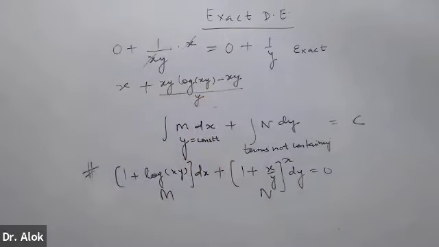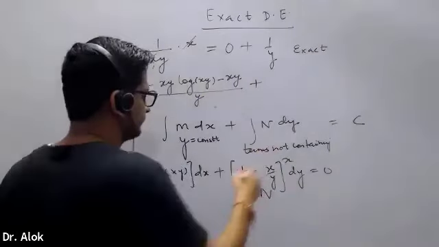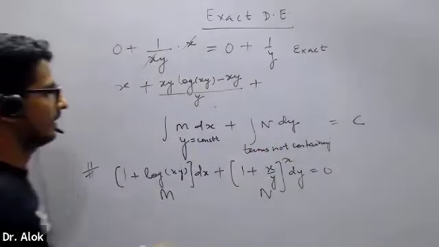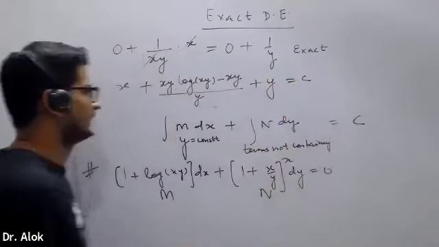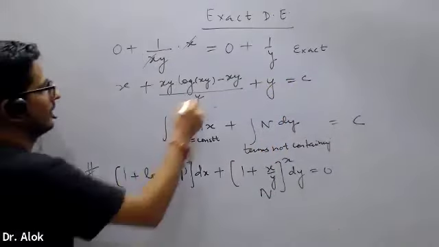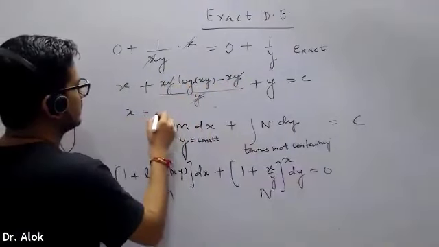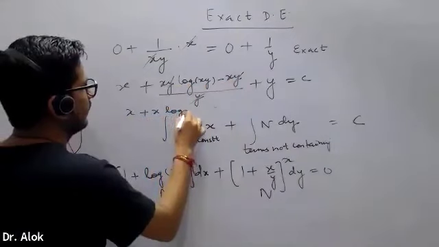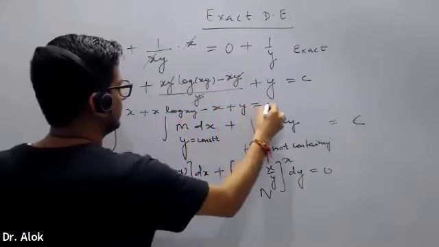Correct? And plus terms not containing x, meaning y, and that is equal to c. So it will become x plus x log of xy minus x plus y is equal to c.